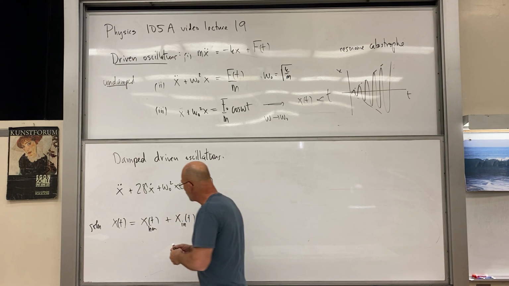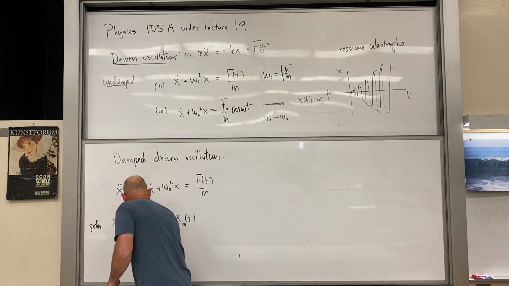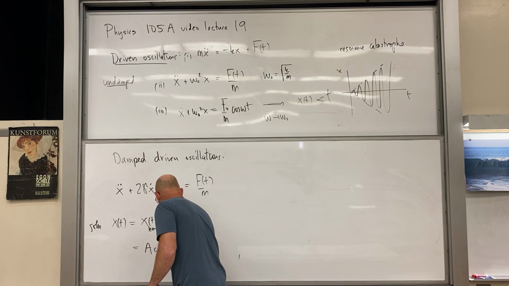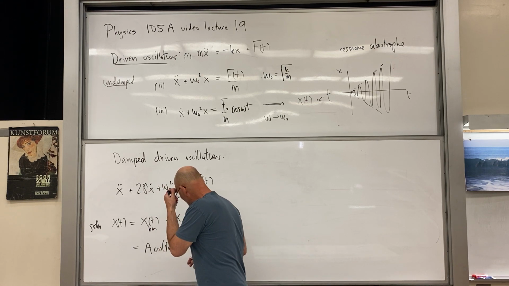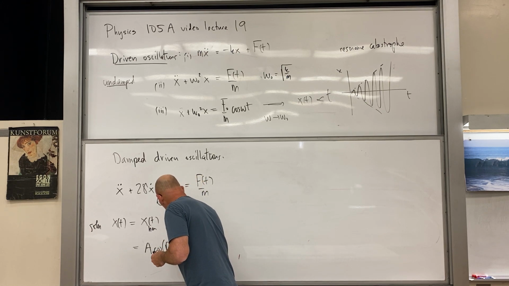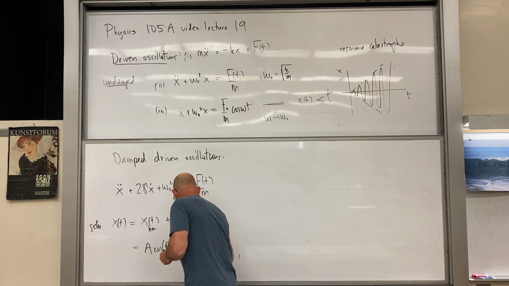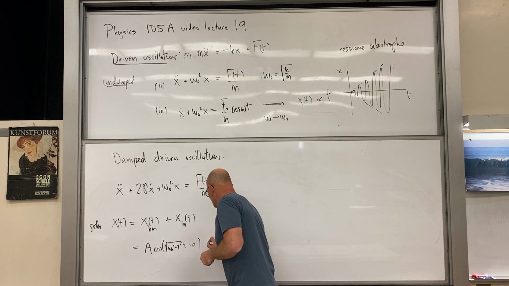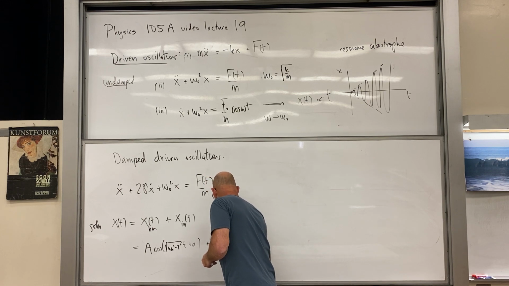Not only that, we also know what this thing is here. So this is a cos root omega naught squared minus gamma squared t plus some alpha, and this we don't know yet.